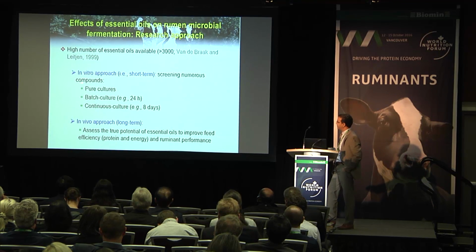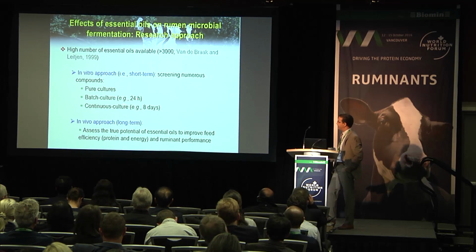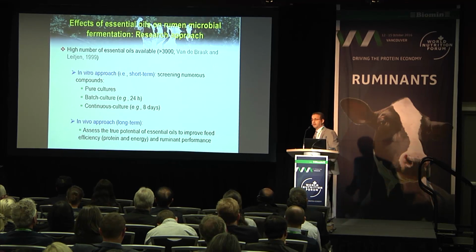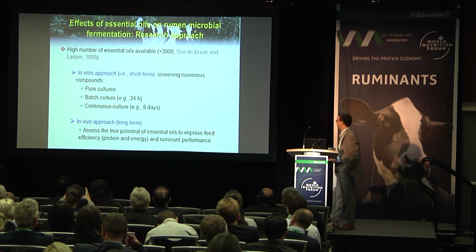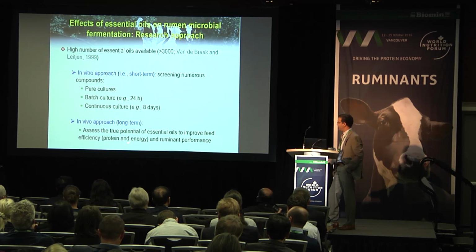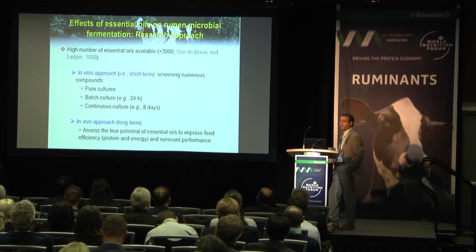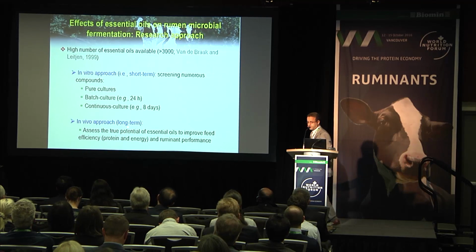They use different techniques: pure cultures, batch culture, incubation for 24 to 48 hours, or continuous culture systems, which means incubation for up to 8 days. However, we should keep in mind that the true potential of essential oils to improve feed efficiency, and I stress here protein and energy efficiency, and by the way ruminant performance, should be assessed not only in vitro but in vivo, in long-term experiments.